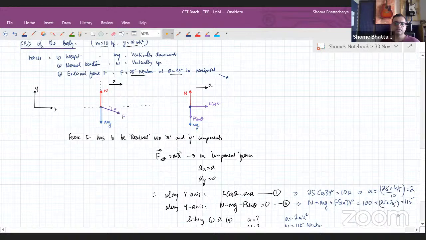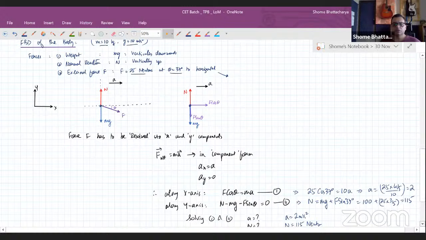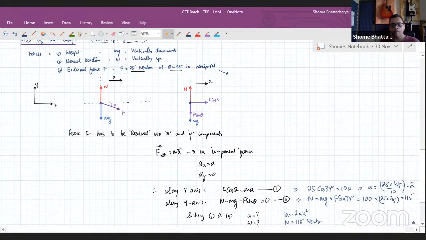That is how this becomes 115. Okay, so this is the conclusion of this question, people. So hope you were able to work this out.